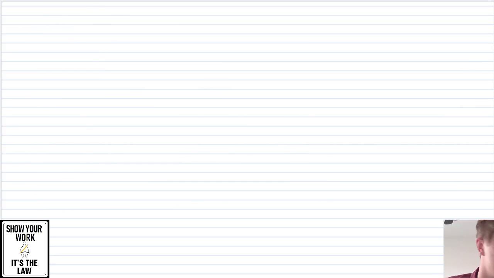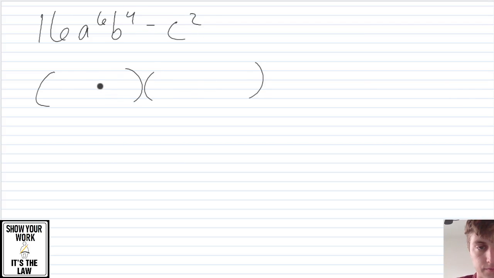And lastly, let's do this one. It's on page 238, 16a to the 6th b to the 4th minus c squared. We can factor this into the conjugates, plus and minus. The square root of c squared is going to be c. The square root of 16a to the 6th b to the 4th is going to be 4a cubed b squared.